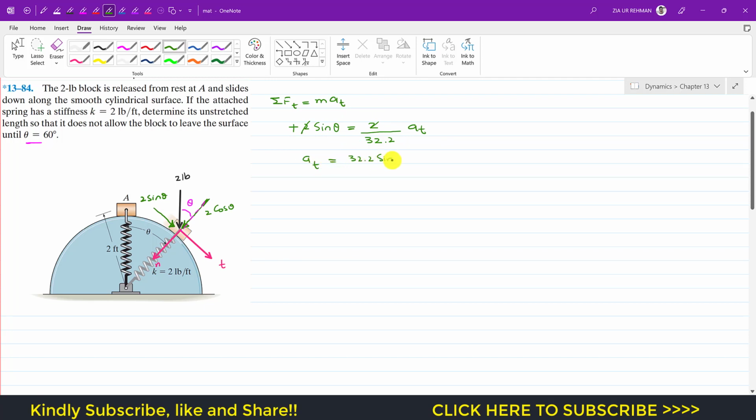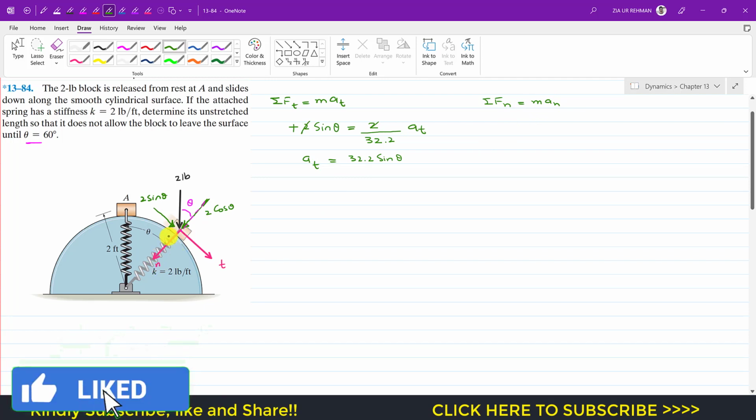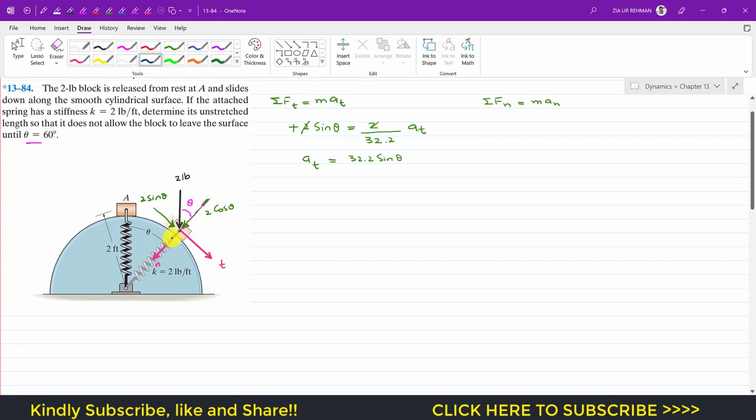32.2 sin theta. Similarly, if I apply the summation of forces along the normal axis, this will be equal to m a_n, and as we can see, the spring force is acting towards the positive normal. So let me draw that force as well. This is the spring force. The spring force acts towards the positive normal axis, and the cos component of the weight is also acting towards the positive normal direction.